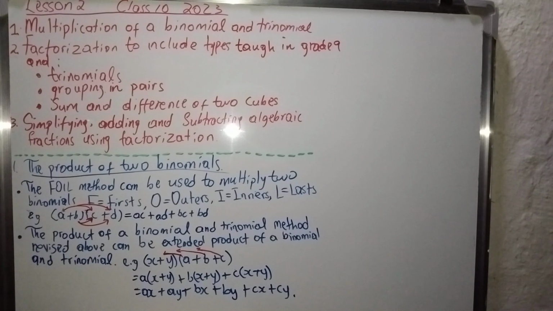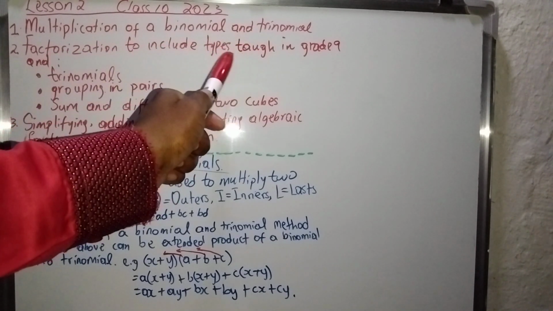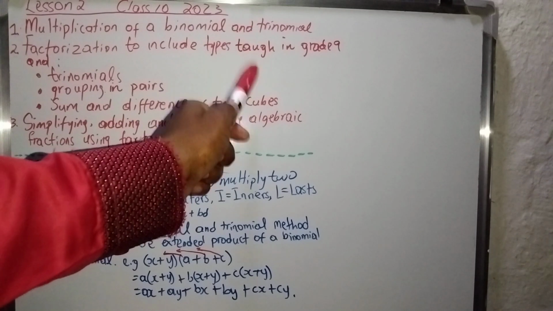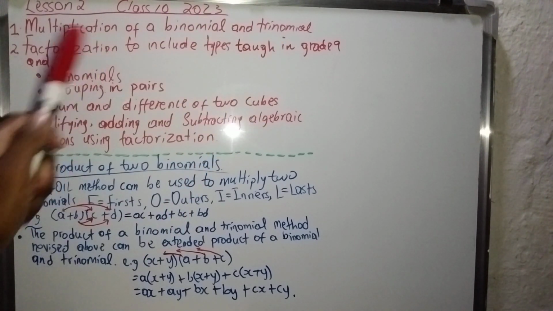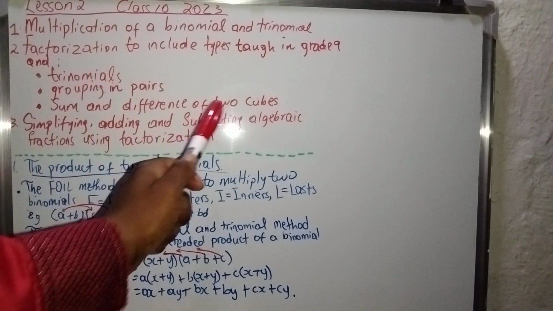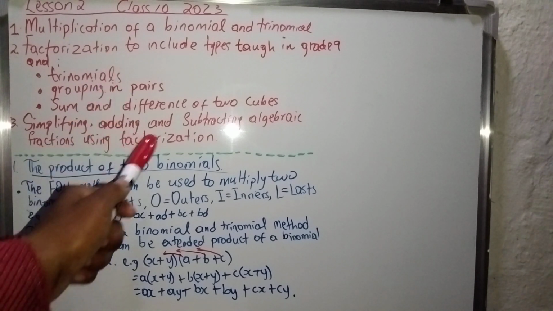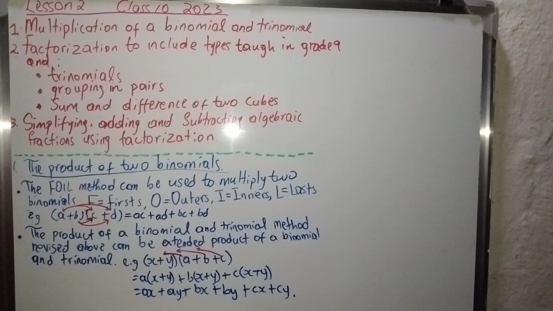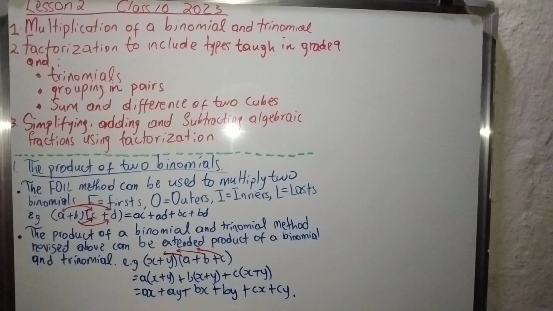Number 2, we'll be looking at factorization, to include types taught in grade 9, trinomials, grouping in pairs, sum and difference of two cubes. And number 3, we will also be looking at simplifying, adding and subtracting algebraic fractions using factorization.